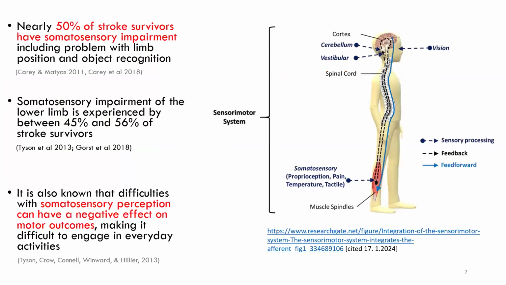Almost 50% of stroke victims tend to have various forms of somatosensory impairment, which normally affects them in their daily life activities.